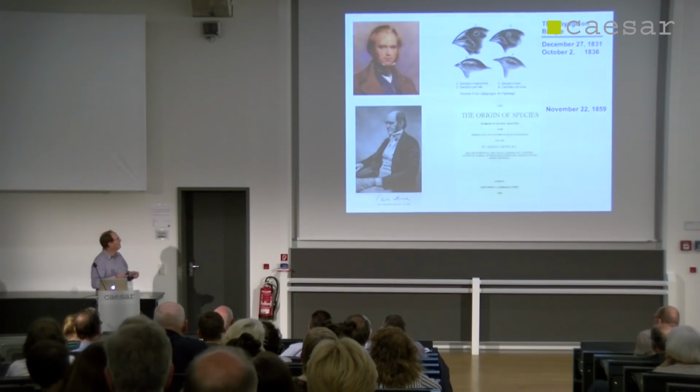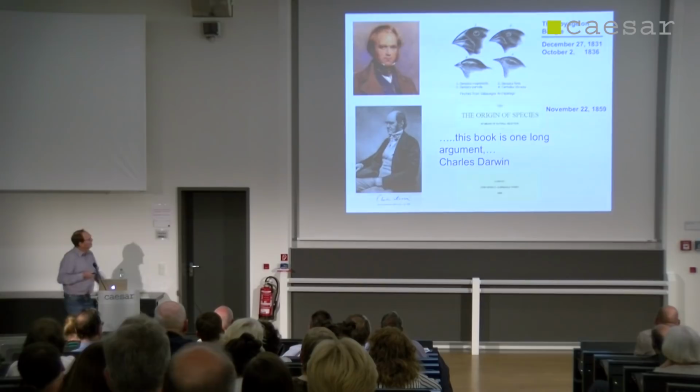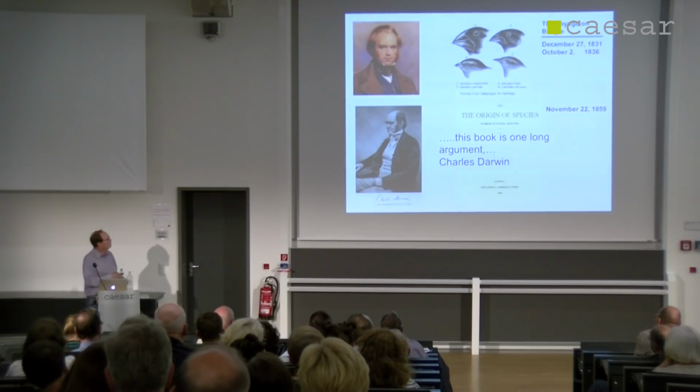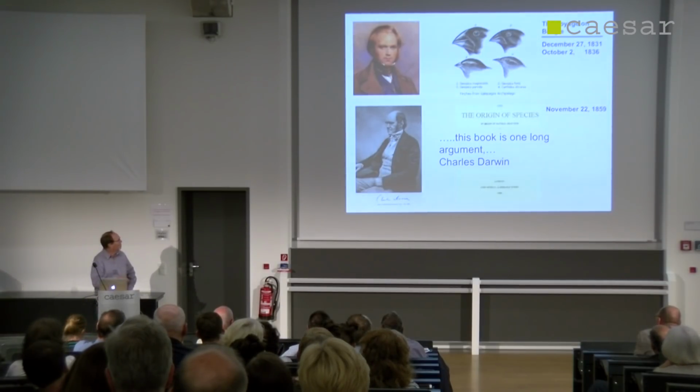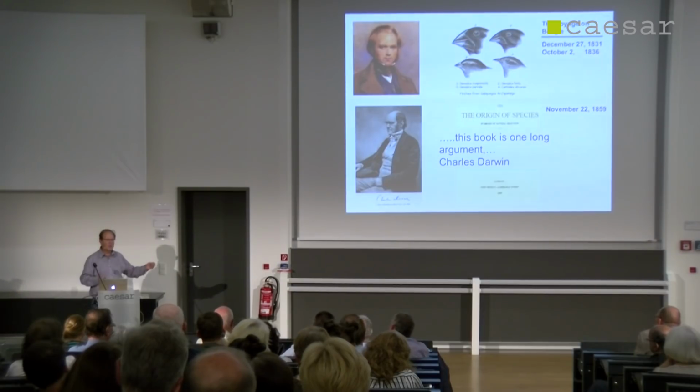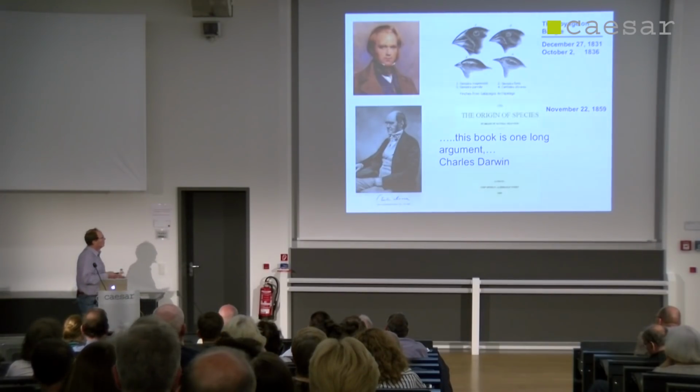What he says in this book is that this book is one long argument. During these 20 years or more before he published, Charles Darwin collected evidence, because he understood how controversial the theory of the origin of species was at the time, because all our religions have ideas about how humans occurred on Earth and how biodiversity evolved, or not evolved, but was created, you say.